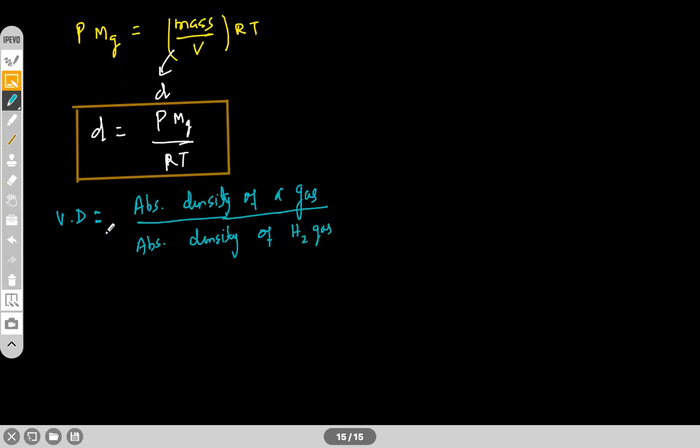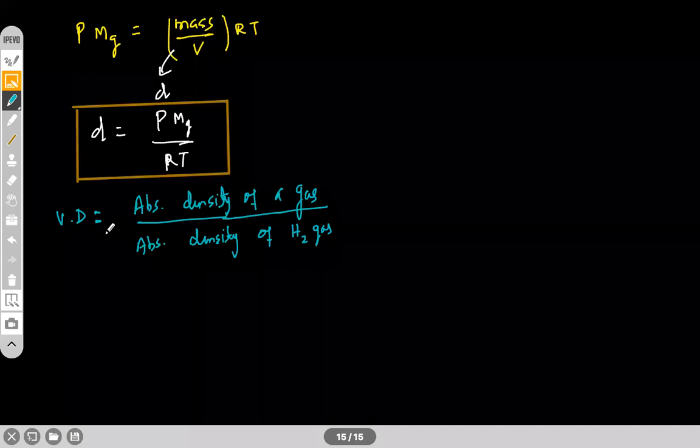Whenever we define the density of a gas with respect to hydrogen gas, it becomes the vapor density.